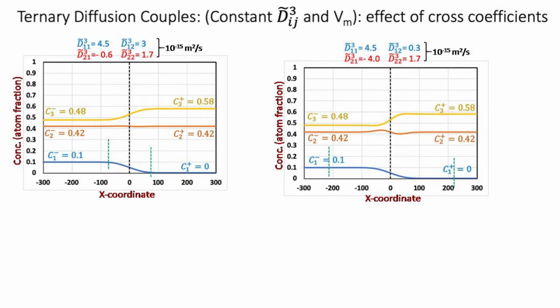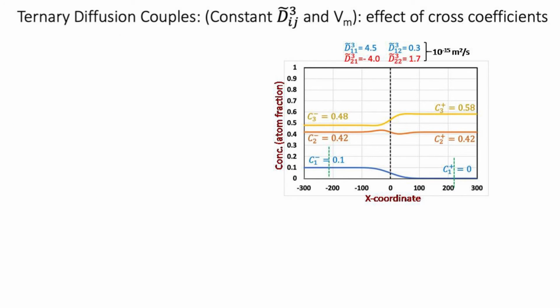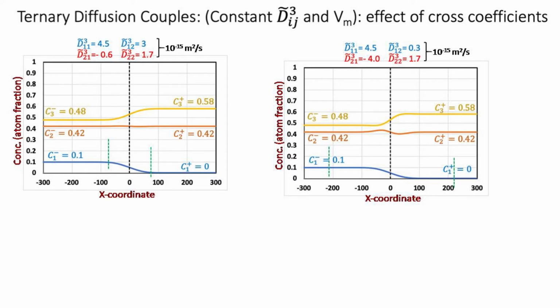Here what I have done is I have changed the cross coefficients. So, the first profile is the same as I presented previously, with main coefficients D11 tilde equal to 4.5, D22 1.7, D12 3 and D21 minus 0.6.